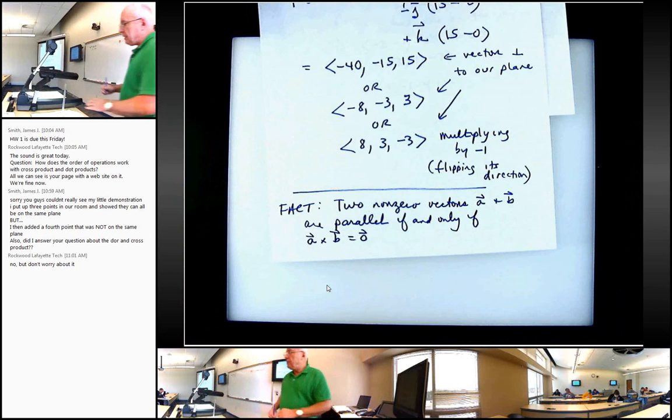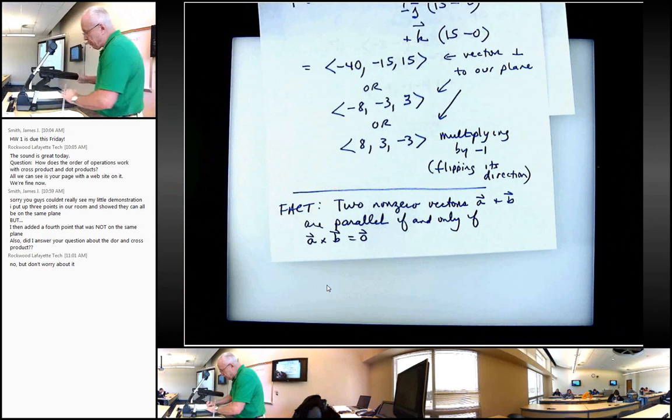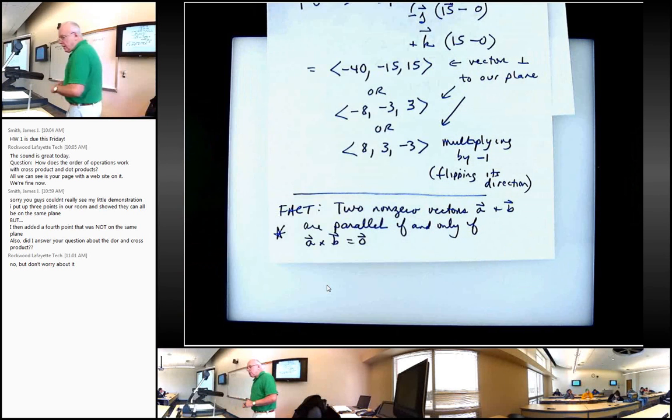So this is something that I want you guys to remember. 2 vectors are parallel if and only if their cross product is equal to 0.